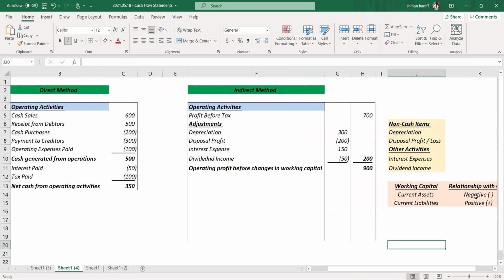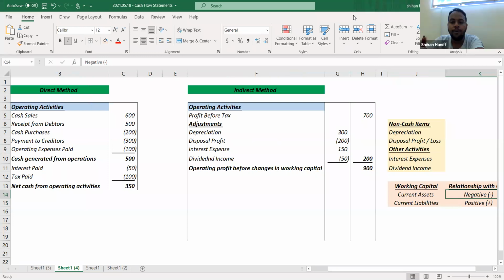So what is the meaning of negative relationship and positive relationship? If you take debtors, when the debtors decrease, what happened to cash? Remember the accounting equation. When debtors are decreasing, that means debtors are giving us money. Cash will increase. So debtors having a negative relationship.